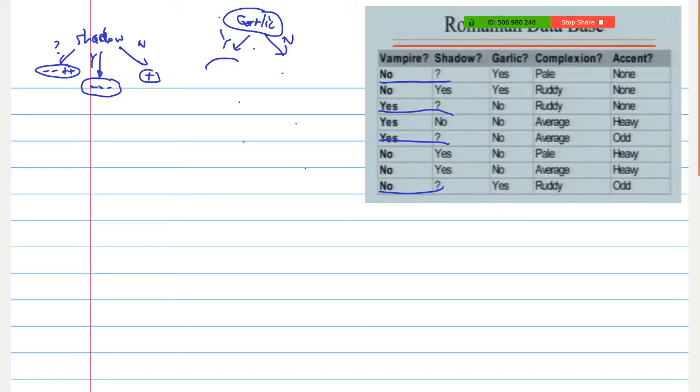So I have three, four, five negative here. And for no garlic, I have three yes and two no. So I can try to draw similar trees for each of the tests here.